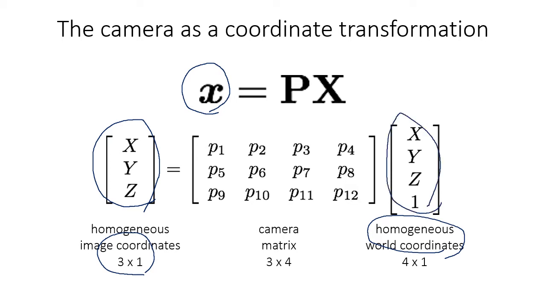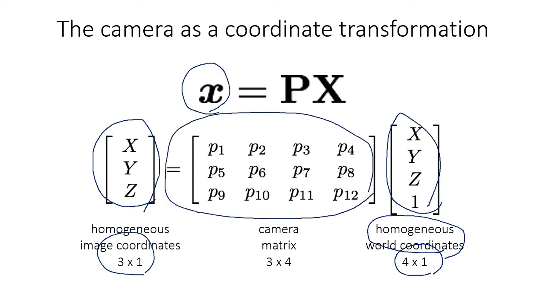So it is 4 by 1. Then the camera matrix explains the mapping from this 4 by 1 vector to 3 by 1. So, as you can see, the camera matrix P has 3 by 4 dimension. It is very important.